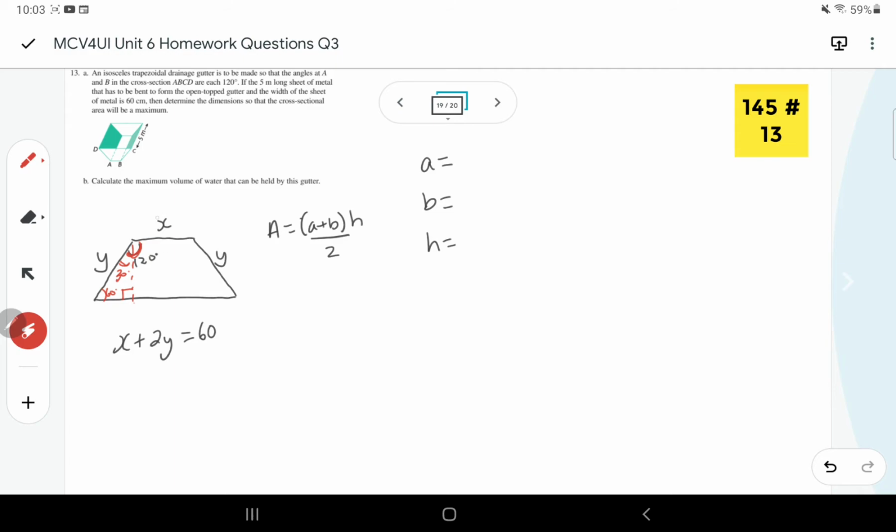So if I wanted to figure out the height here, this height over y is equal to sine 60. So I would say h over y equals sine 60. So h equals y sine 60.